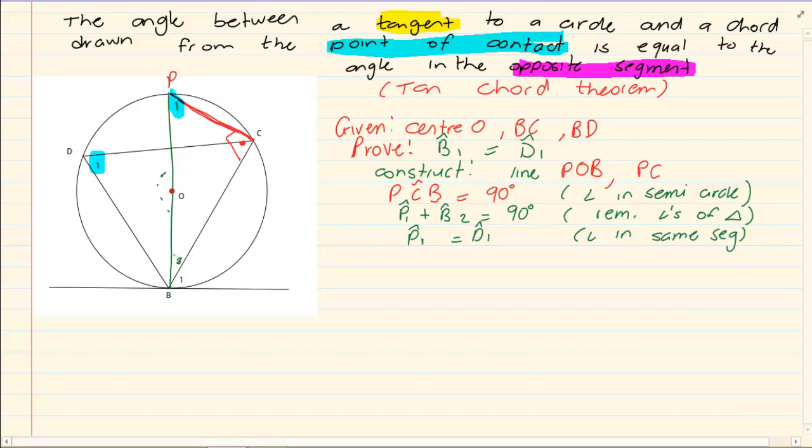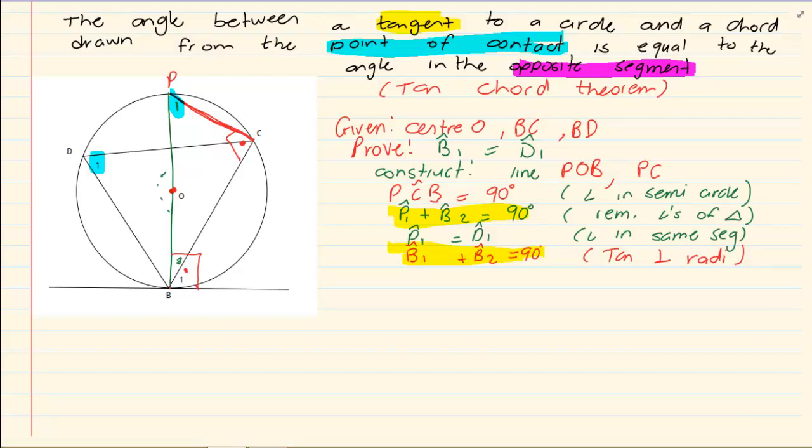Now we also have that B1 plus B2 is equal to 90 degrees. Tan perpendicular to radius. Remember, this is a tangent and the line is coming from the center to the tangent, so it's 90 degrees. Now if you take those two equations, what do you notice?